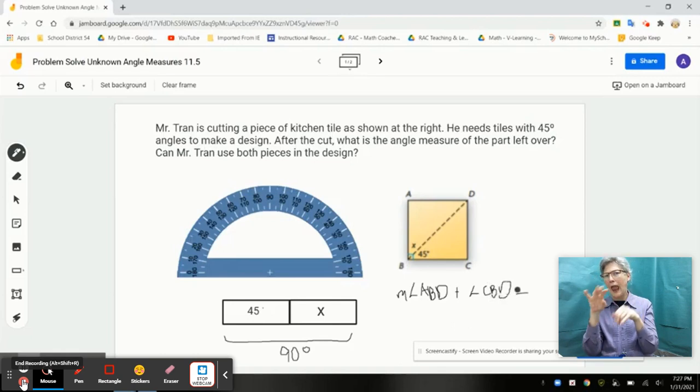Good thing I double checked my work. In total would give us the measure of angle what? That's right, ABC.